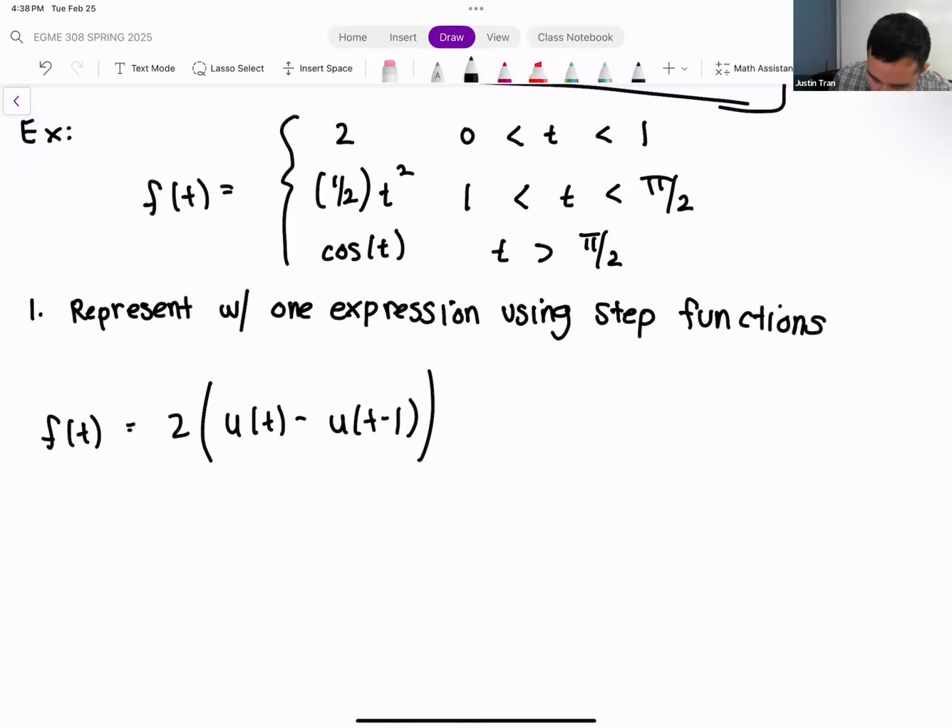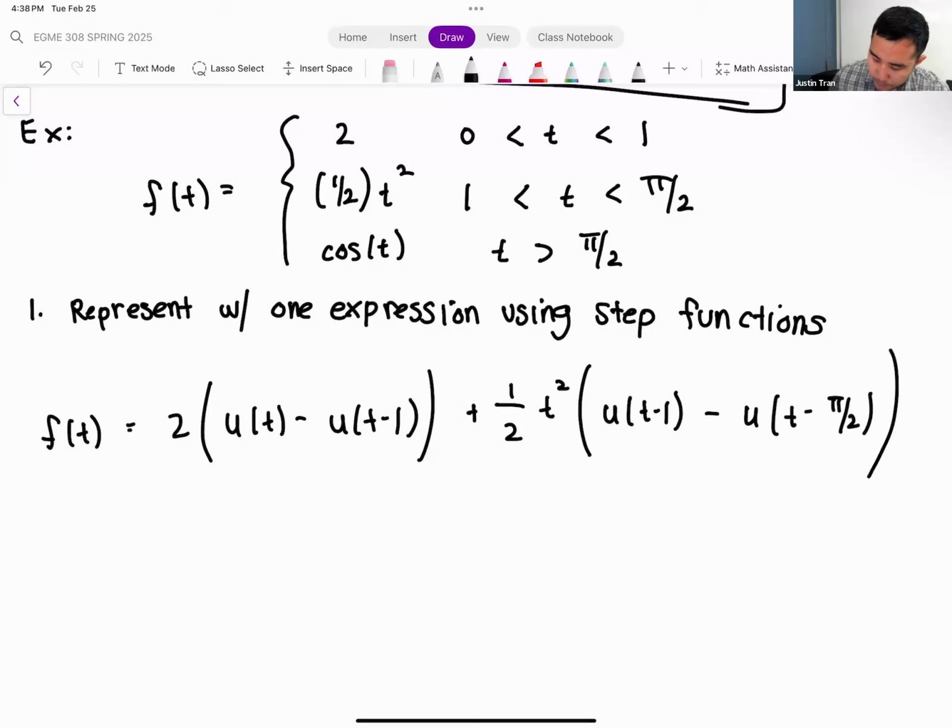Next one we have is 1/2 t squared. This is going to be activated at t equal to 1. So we're going to multiply this by u of t minus 1 minus u of t minus pi over 2.